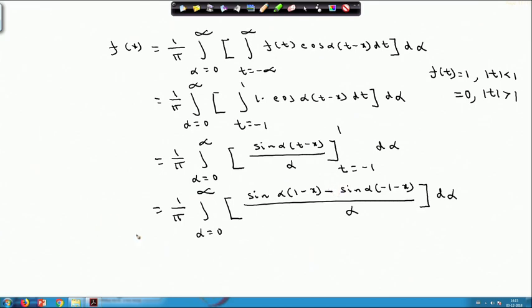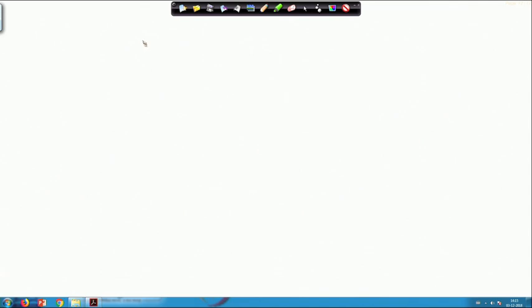Effectively, f(x) is nothing but this integral. In the next line, I can write it as 1 by pi, alpha from 0 to infinity, sine of alpha into (1 minus x) plus sine of alpha into (1 plus x).